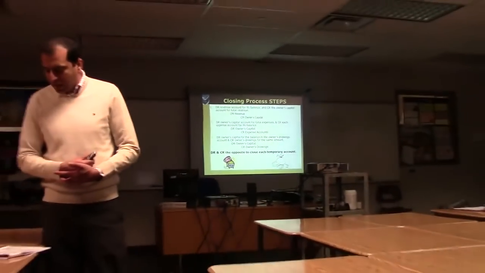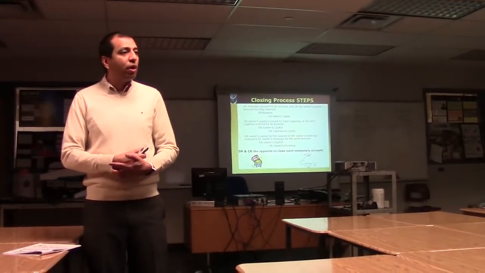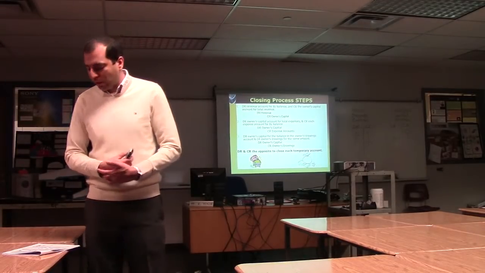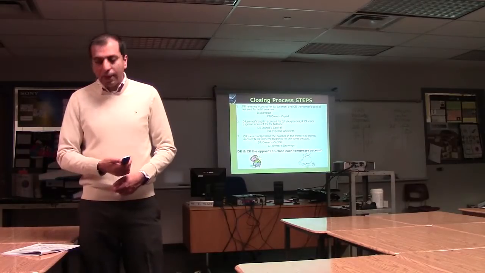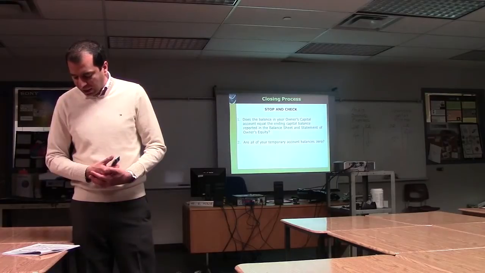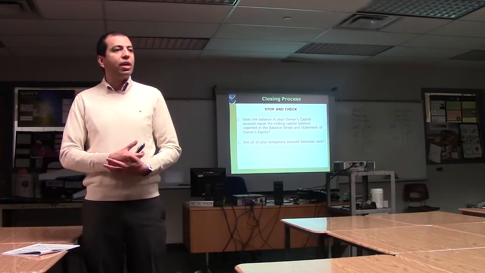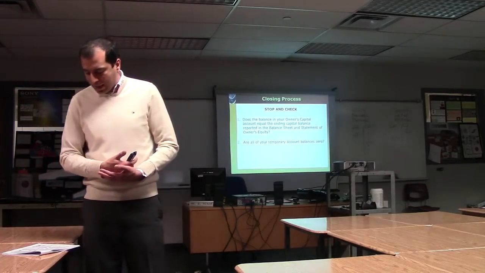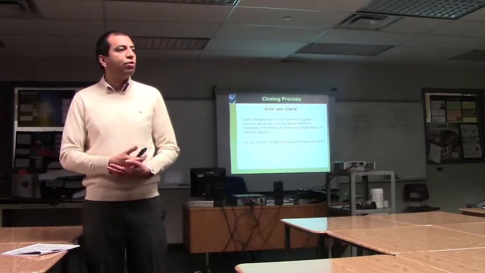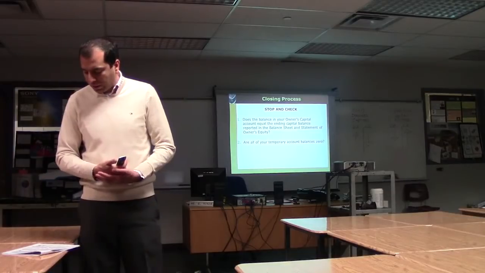Debits and credits are equal, and you debit and credit the opposite of the normal balance of these accounts. After you've done this, perhaps you want to check if everything is closed properly, if all your temporary accounts are zero, and if there is any issue with the owner's capital account.